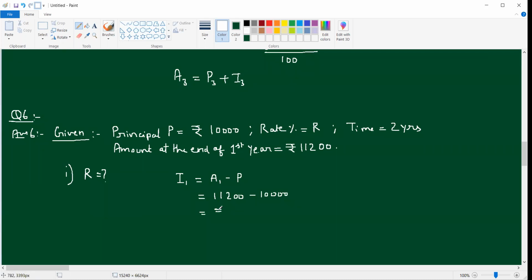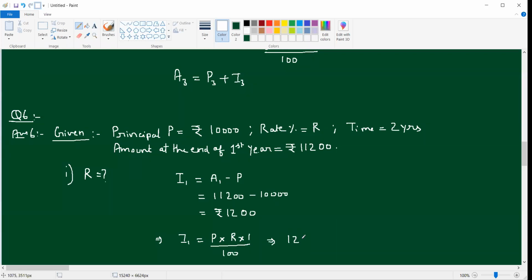So he received rupees 1200 as interest at the end of first year. Also, I1 will be equal to P into R into T upon 100. So I will place 1 in place of T because time for first year is 1, and 100 we will place here.